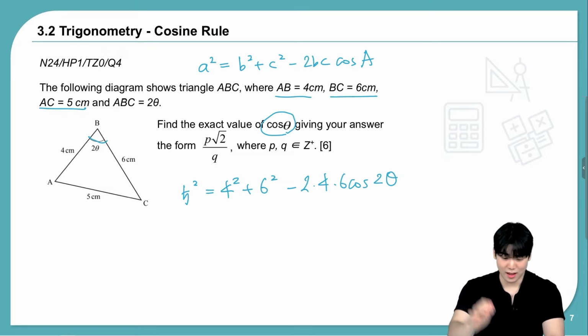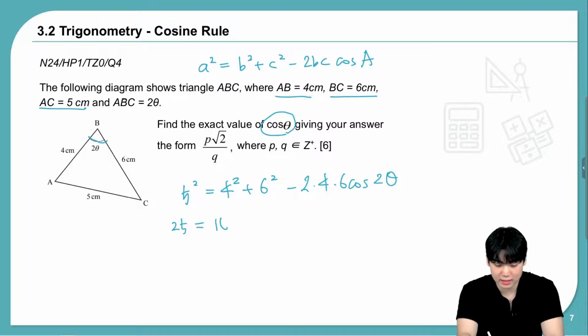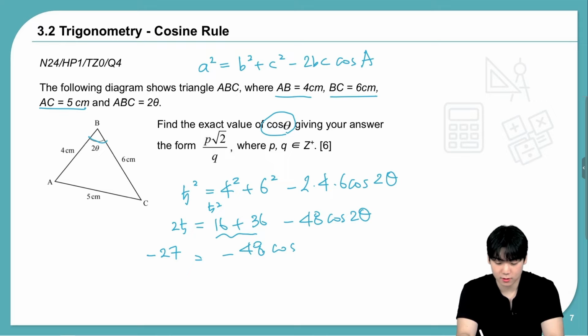If I expand that, I have 25 is equal to 16 plus 36 minus 48 cosine 2 theta. Okay, and simplifying that, since I know this is 52, moving to the left-hand side, I have minus 27, okay, minus 48 cosine 2 theta.